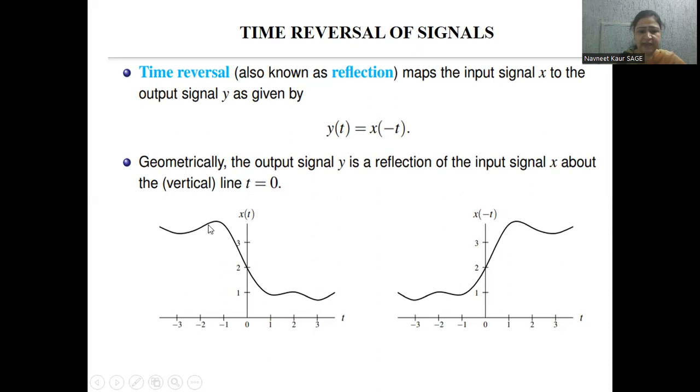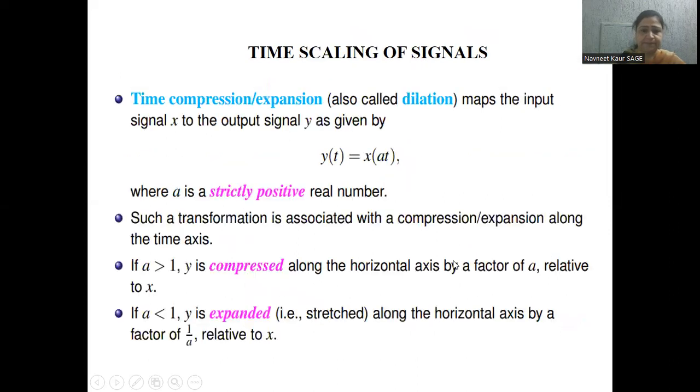Now, whatever the values of the signal were at t = -1, -2, and -3, now they will be at t = 1, 2, and 3 respectively. Similarly, whatever the values of the signal were at the right hand side of t, now they will be defined at the left hand side of t. That means the t = 1 value will now be shown at t = -1. Similarly, the t = 2 value will be at t = -2, and so on.